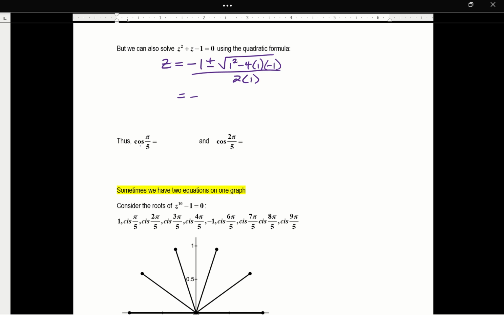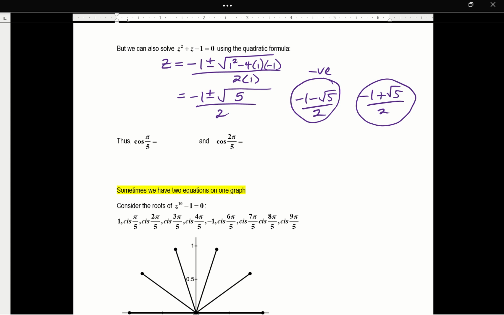So you would have got minus 1 plus or minus root 5 on 2. So those are the two roots, minus 1 minus root 5 on 2, which I know is negative, and minus 1 plus root 5 on 2, which I know is positive.